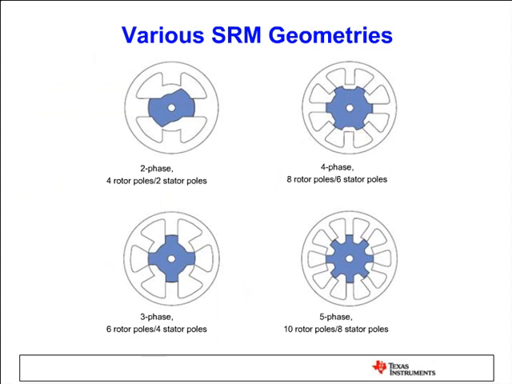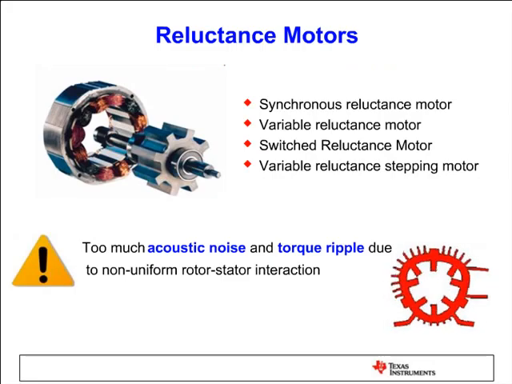There are various geometries, as you see in the slide, but the problem with this type of motor is that they create too much acoustic noise and torque ripple because the force distribution in the air gap is not uniform. Instead, we are exciting the opposite poles at the same time.